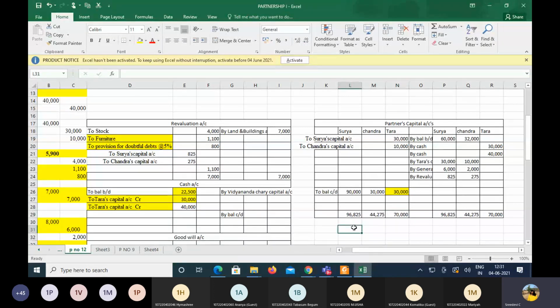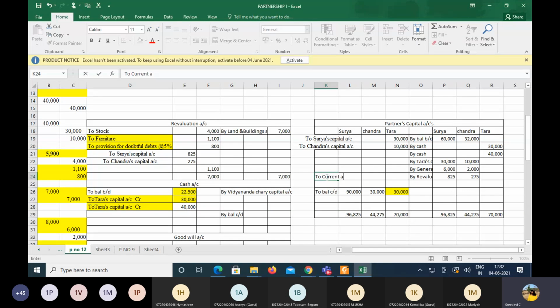Did you understand what I was trying to do in the capital accounts? If you see the total on the credit side of Surya, it is 96,825, but he is supposed to maintain a balance of only 90,000 in the capital account. The difference is 6,825, so this 6,825 will be transferred to the current account.